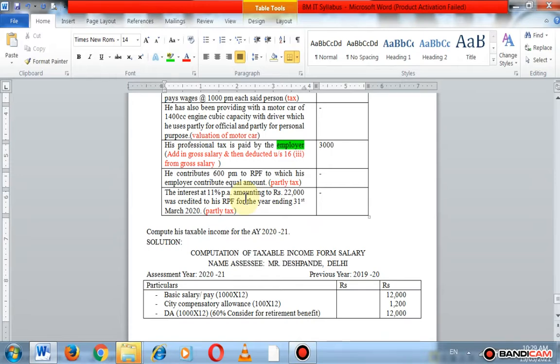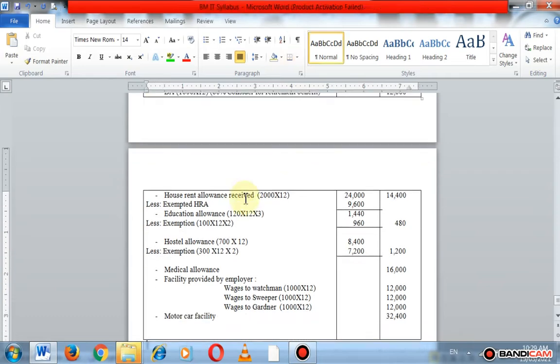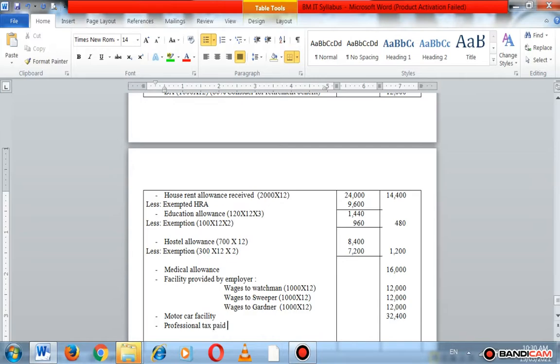Then next, professional tax is considered here. Because the professional tax is paid by the employer, we add this tax in gross salary, then we deduct it. So professional tax paid by employer amounted to rupees 3,000.